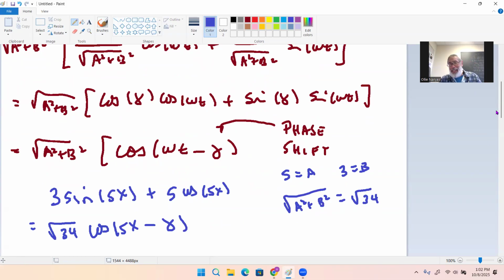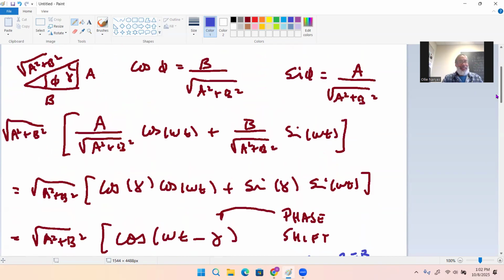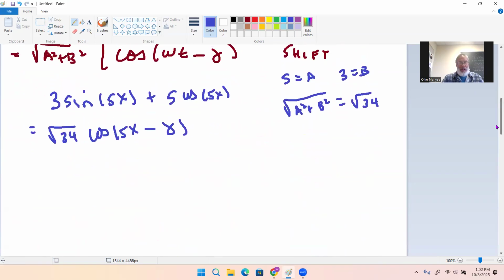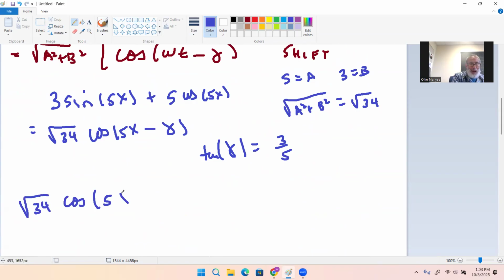But let's remember what gamma is. Cosine of gamma is A over that. We also know that the tangent of gamma is B over A. So gamma is the arc tangent of 3/5.